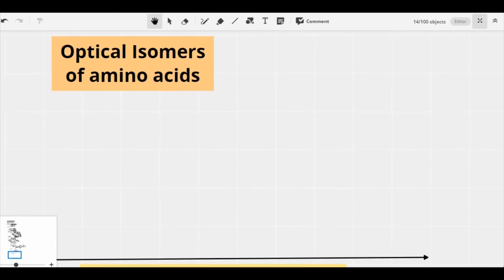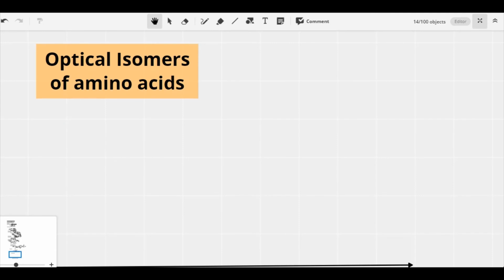Now the next topic is the optical isomers of amino acids. As we discussed in the previous lectures on the optical isomers of carbohydrates, there are two different types of isomers, D and L. The same happens here.